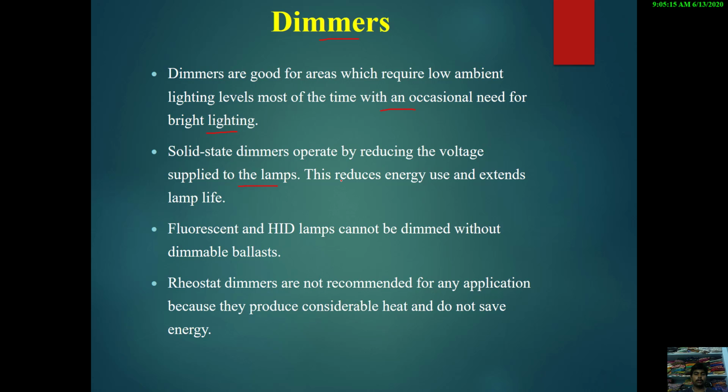This in turn reduces energy use and extends lamp life. Some fluorescent and HID lamps cannot be dimmed without a dimmable ballast, and rheostatic dimmers are not recommended for any application because they produce considerable heat and do not save much energy.